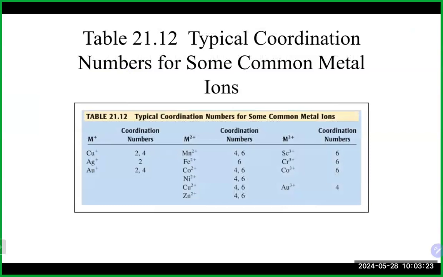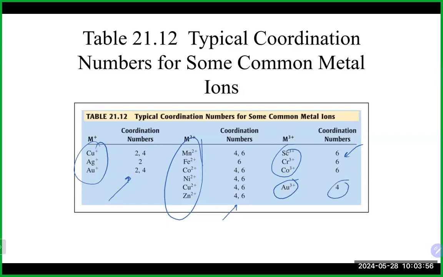So how many ligands do we typically get? It is based on charge. Generally, if we have a +1 charge, you're probably going to get somewhere between 2 to 4 ligands attaching in there. If you get up to a +2 charge, you're probably looking more at 4 to 6 in terms of the coordination number, and a +3 charge would lean more towards 6, except for gold, which typically goes with 4.